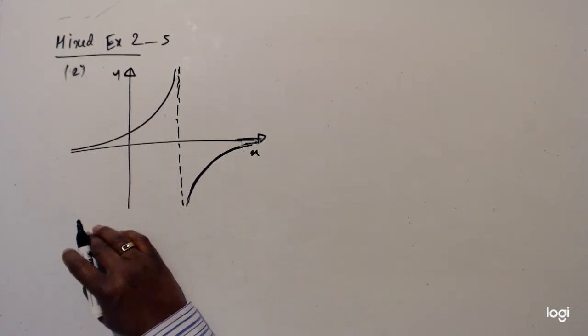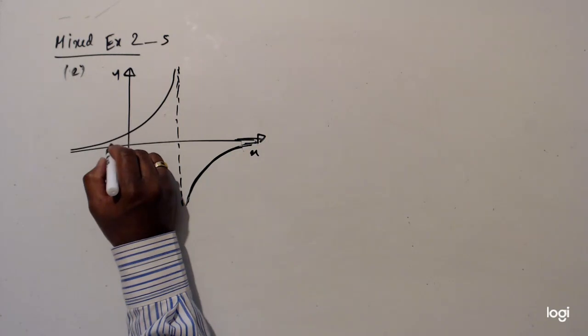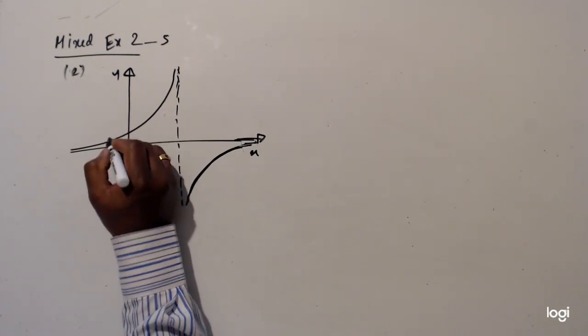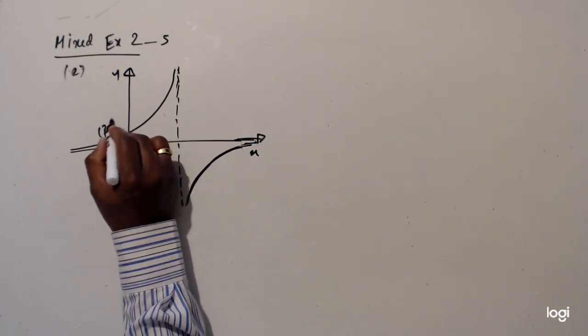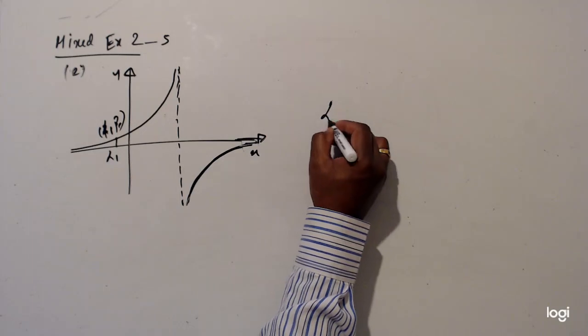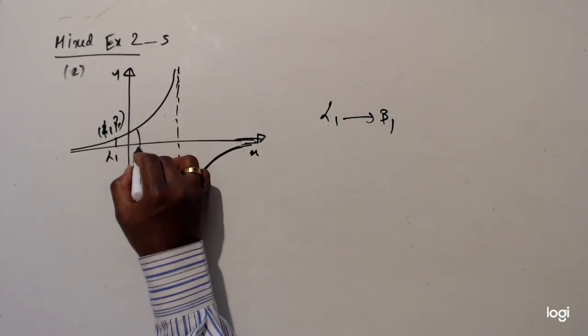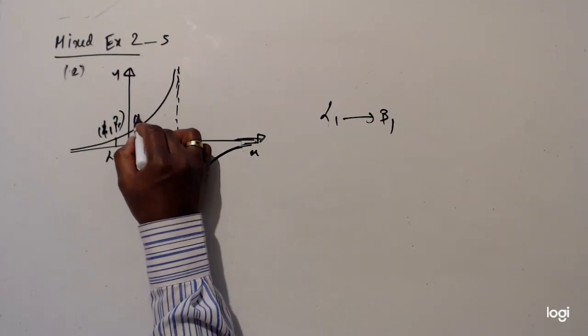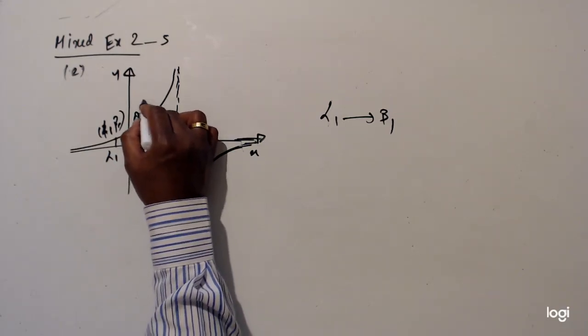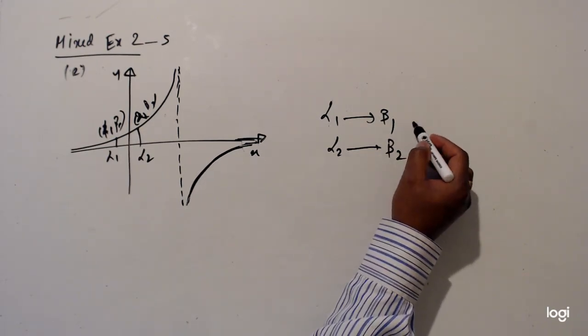Part A, let's consider this value alpha 1. We have beta 1. So alpha 1, we have beta 1, alpha 2, beta 2, 1 to 1.